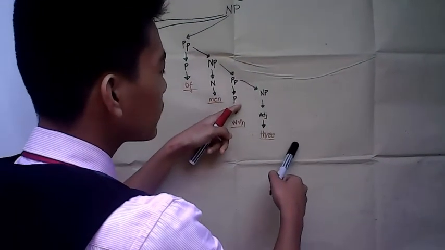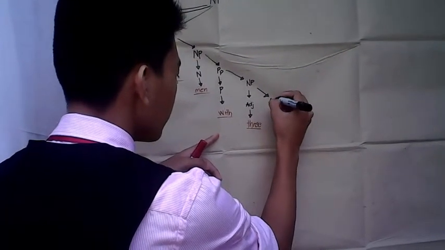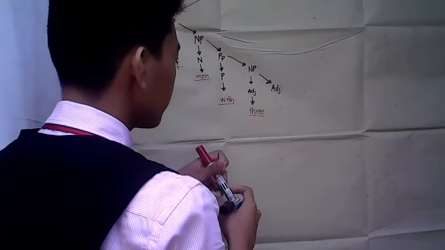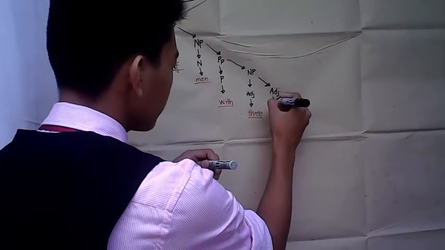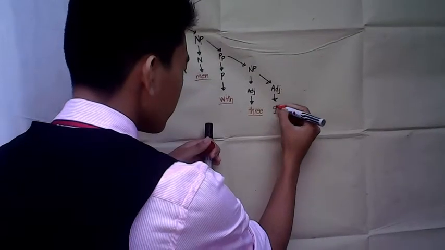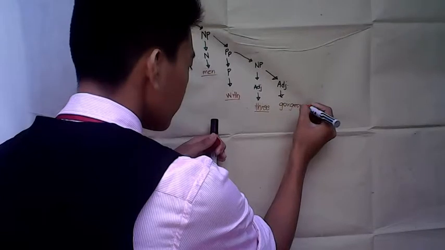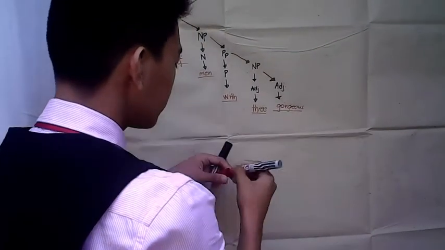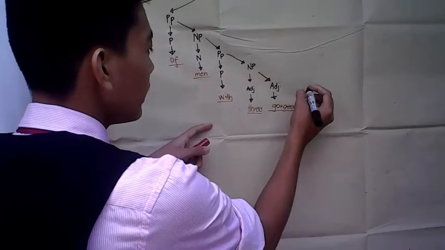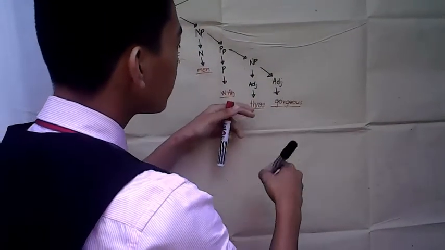And gorgeous is also an adjective. And the next word is ladies. Ladies is a noun. Then simply connect it to the noun phrase.